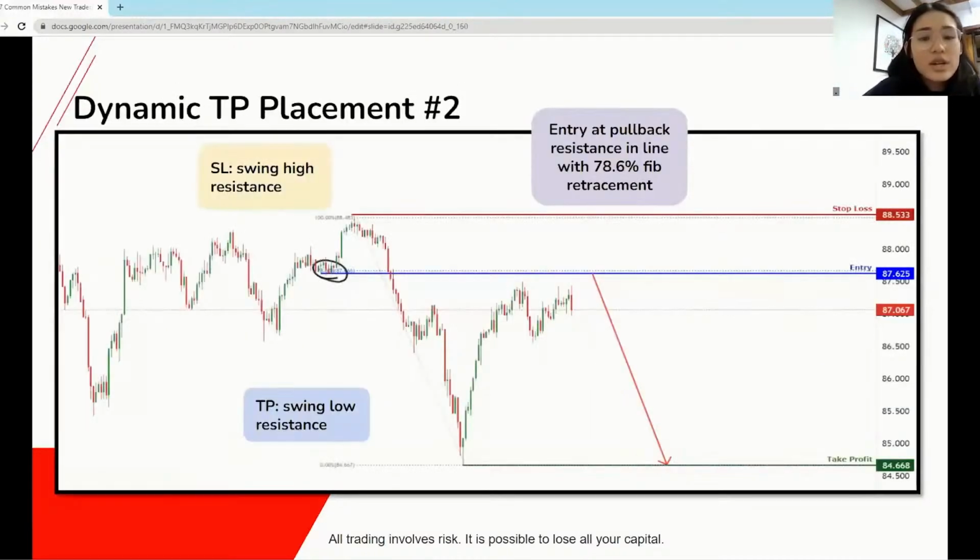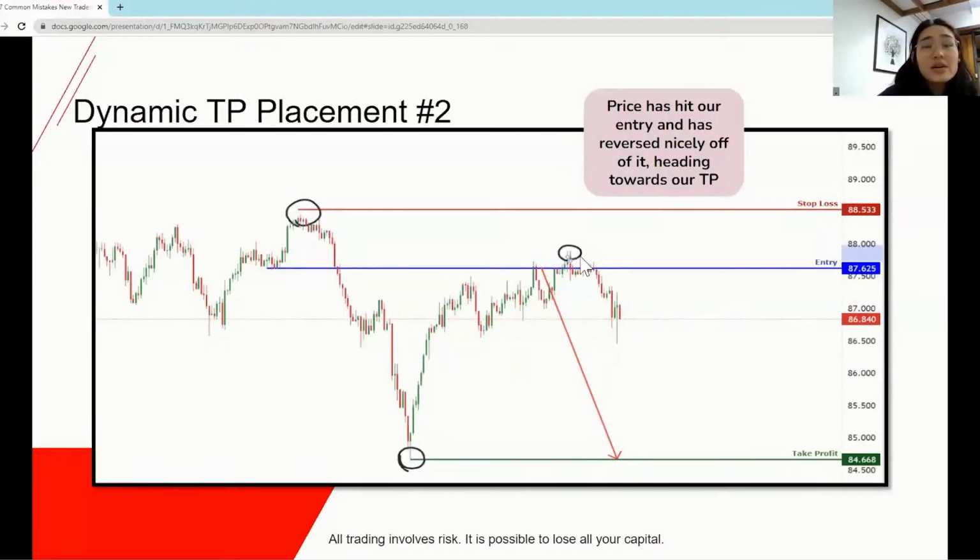Okay, so now let's look at another example. So we expect price to bounce off of our entry at 87.625 at the pullback resistance in line with the 78.6% Fibonacci retracement. So we're expecting price to drop from our entry to our take profit.